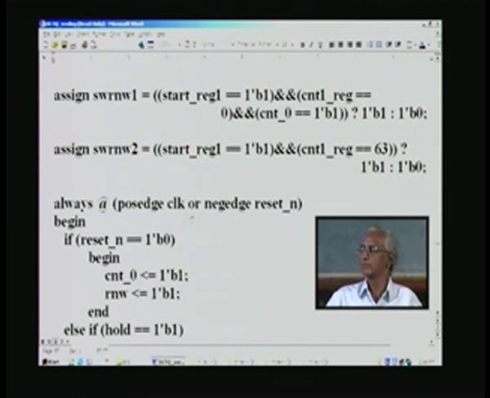So, we change that at that point of time, and also switch over to a different R and W value, so that we can take in the next block of data and start processing the first block of data. That is what we are doing here, and it depends upon the start being 1.